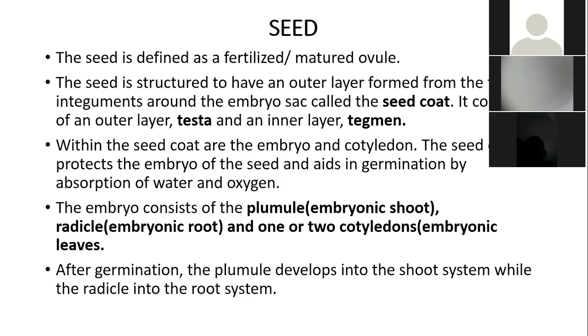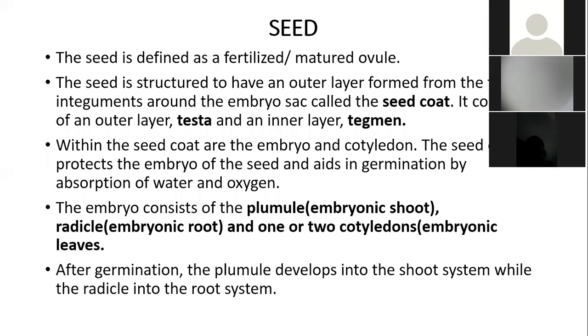So in summary, you can have the seed having a seed coat. This seed coat has an outer layer called the testa and an inner layer, the tegmen. Inside the seed coat is an embryo and the cotyledon. This embryo is made up of 3 structures: the plumule, radicle, and the cotyledon itself.